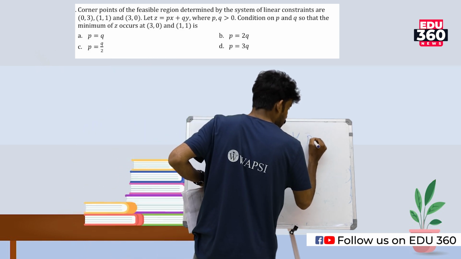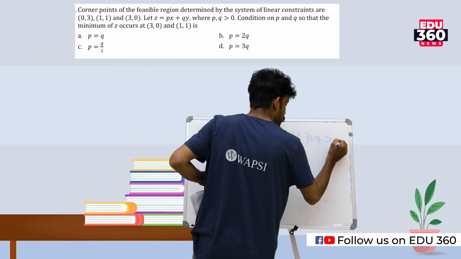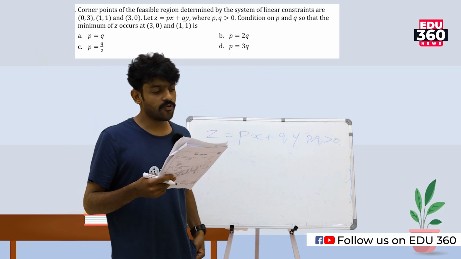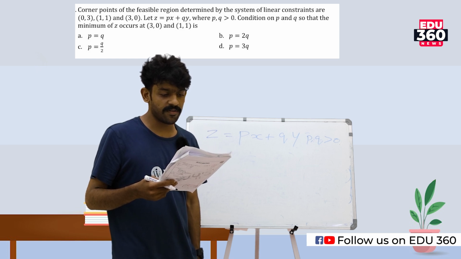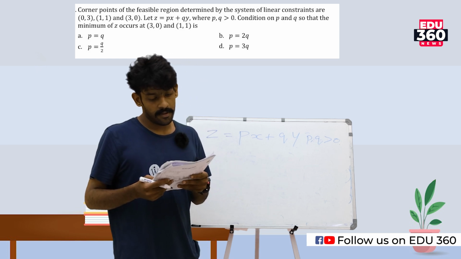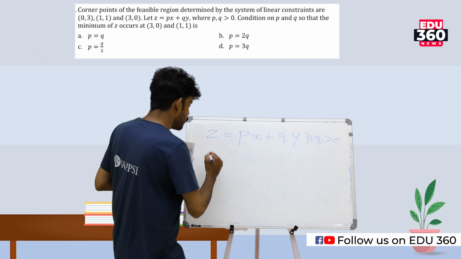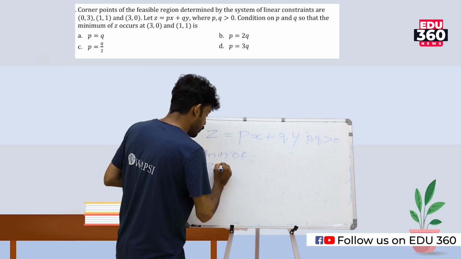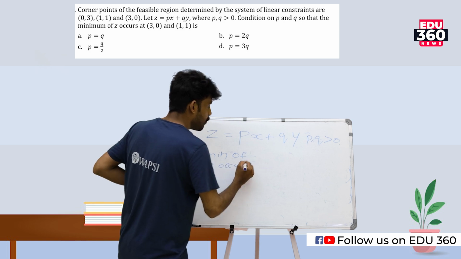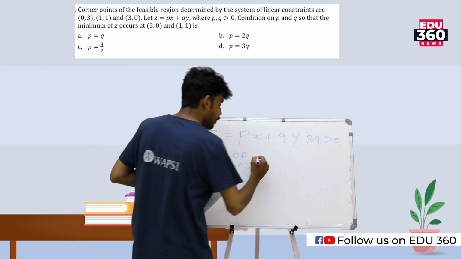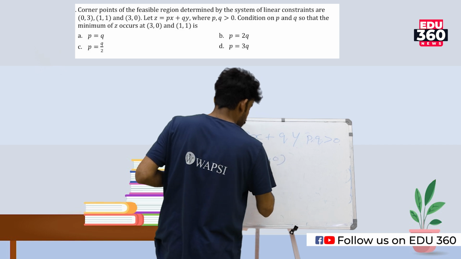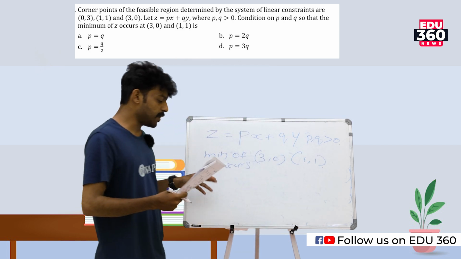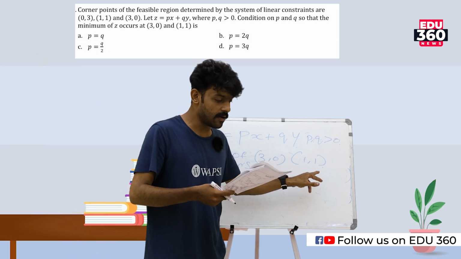The minimum of Z occurs at (3, 0) and (1, 1).